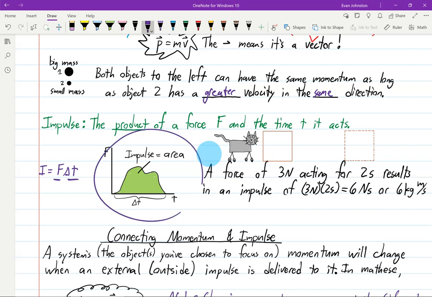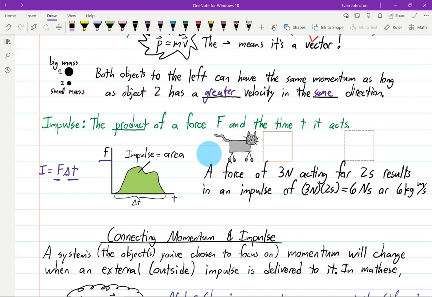If we were to graph it then, if you do the force times the time, that's finding the area of this graph. That's finding all this green space here. And so we could have made it an easier graph and just said, oh, it's a constant force over so long. You find the area of the rectangle, and that is the impulse. This is a neat relationship that you could be given a force and a time graph.